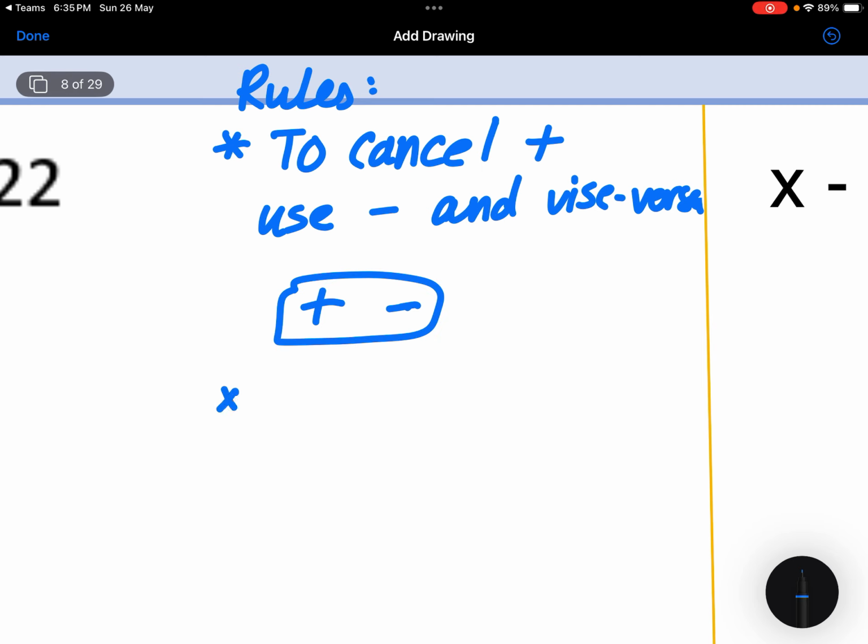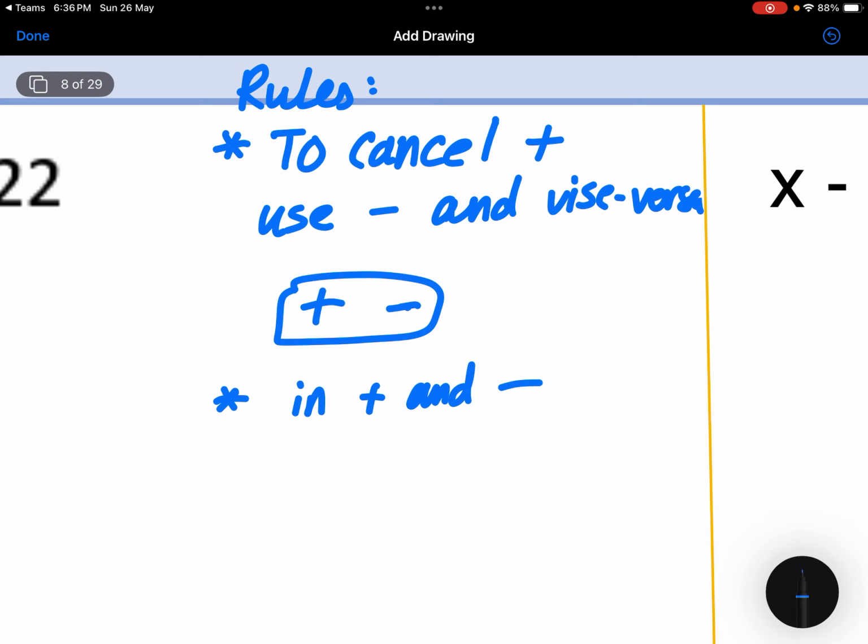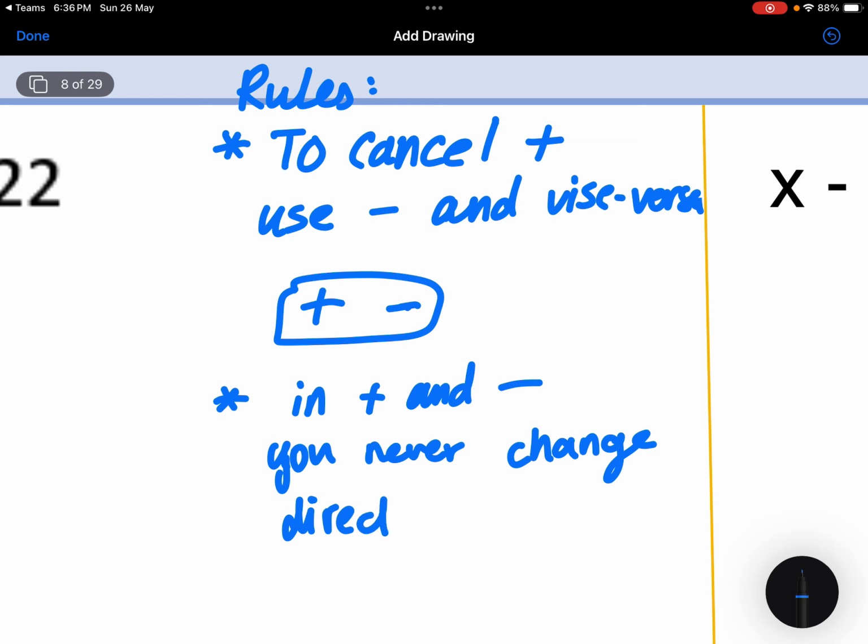Another rule: in addition and subtraction inequalities only, you never change the direction of the sign, which is more than, less than, more or equal, less or equal.